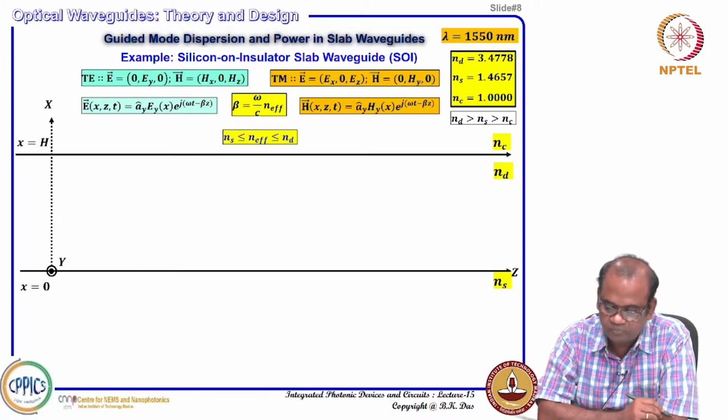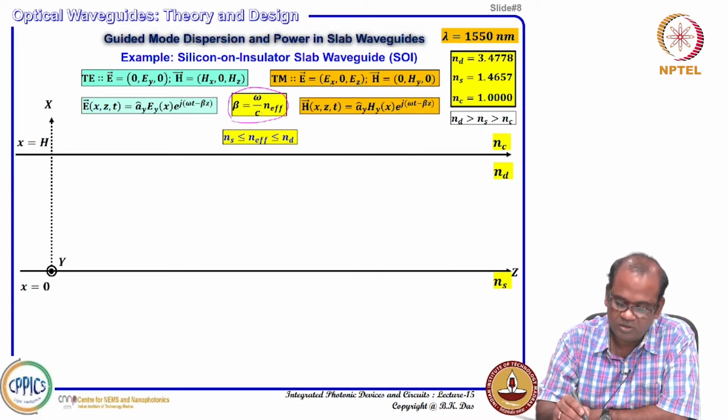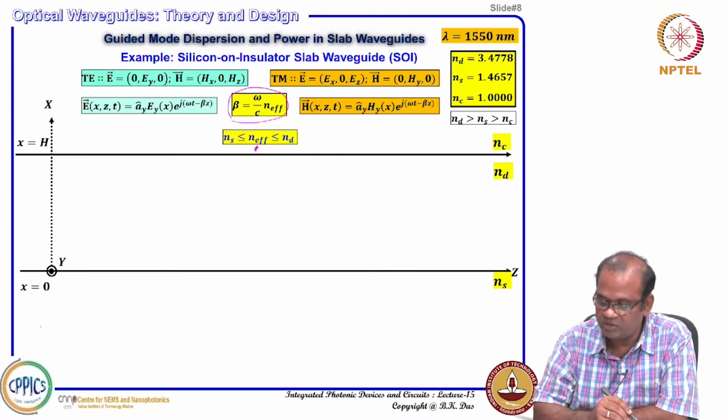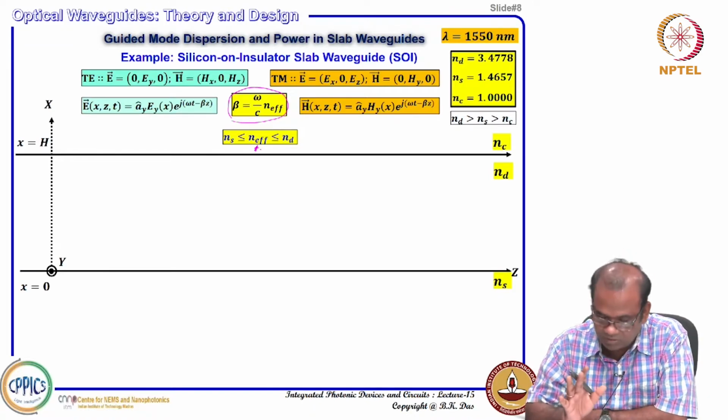Now, I just put down the typical expression, beta equal to omega by c times n effective, and we know that this n effective must be greater than Ns and less than Nd. Nd is the highest refractive index, and any guided mode will see an effective index in between Ns and Nd. Anything beyond Nd is never possible.